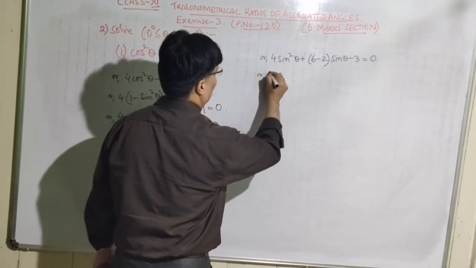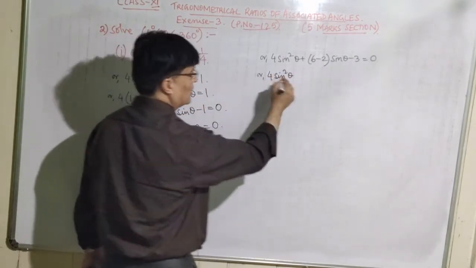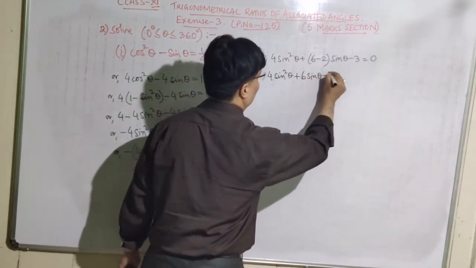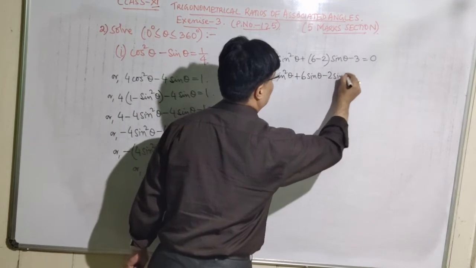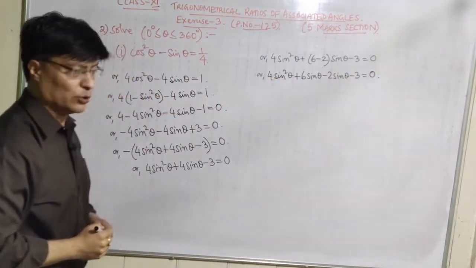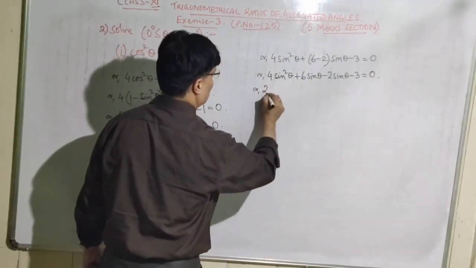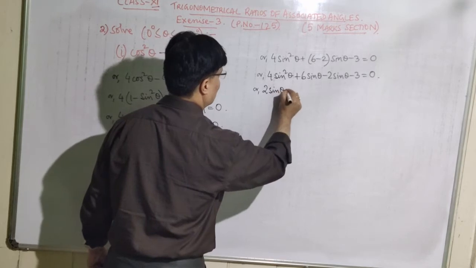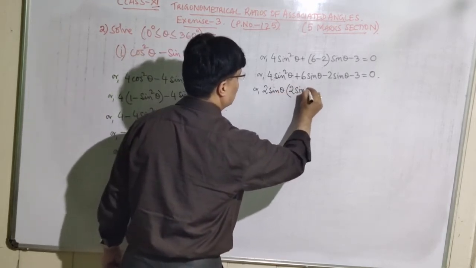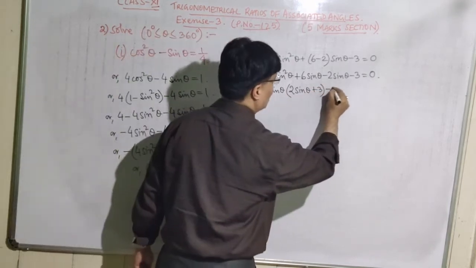Okay, so now this is 4 sin square theta, let us multiply it, plus 6 sin theta minus 2 sin theta minus 3 is equal to 0. So from the first two terms, what is common? It is 2 sin theta common. Within bracket, what do we get? It is 2 sin theta plus 3. Then minus 1 is taken common here.